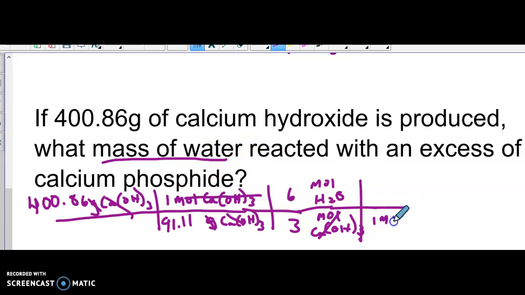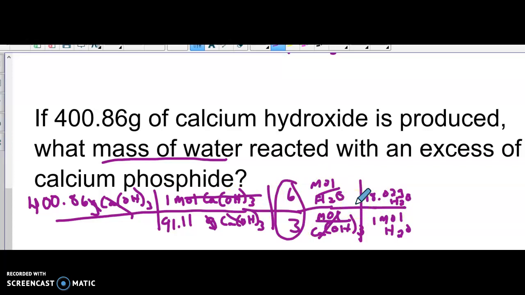So in 1 mole of H2O, we have 18.02 grams of water. It's its molar mass. Remember, the only place you use those coefficients is in this mole ratio. Don't use them anywhere else where you have moles.